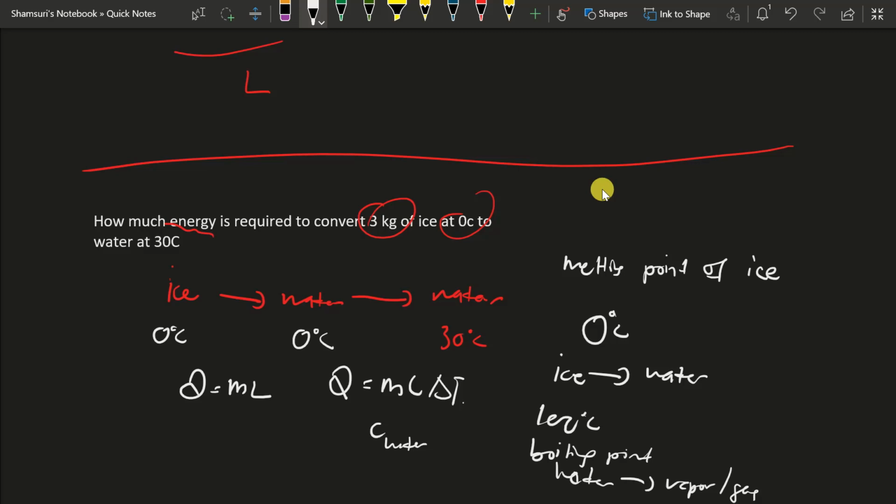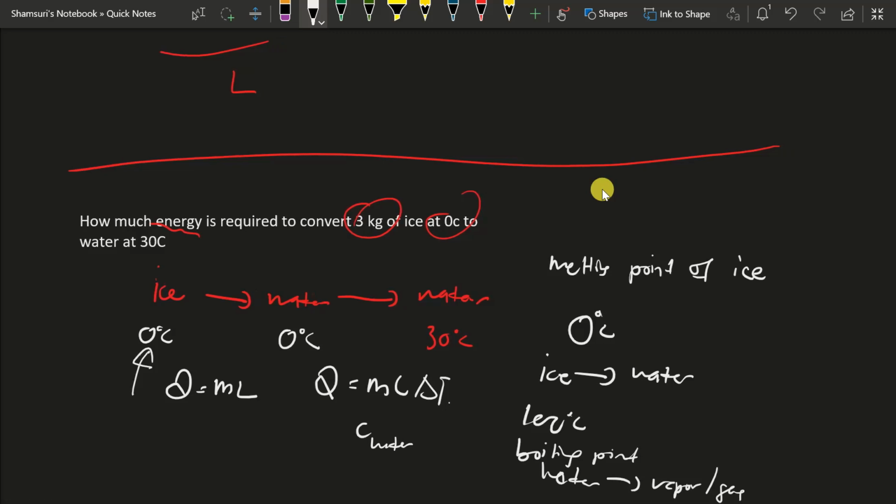So you have to understand that the starting point here is at 0 degrees. It's at the melting point, so essentially the temperature is maintained.